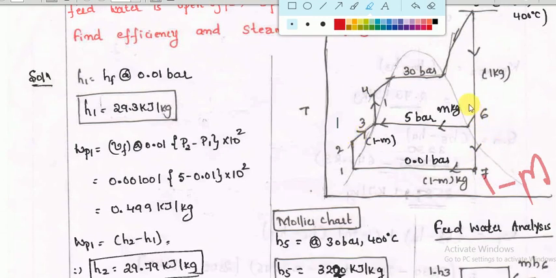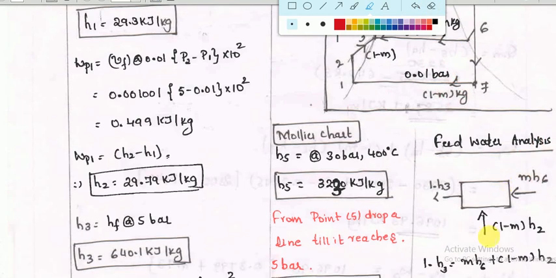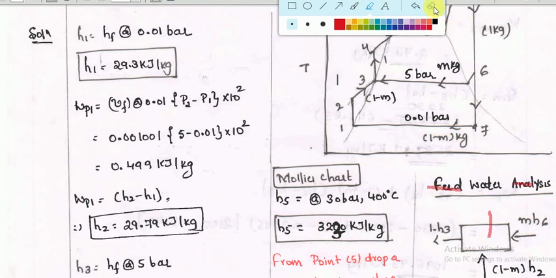To find this value of M, what point can we move on to? We can move to the point H3. This is the point at which all the streams meet. That is H2, H6, H3. M amount of steam is coming in from the turbine, and the water H2 is coming in from the pump, and H3 is moving out.